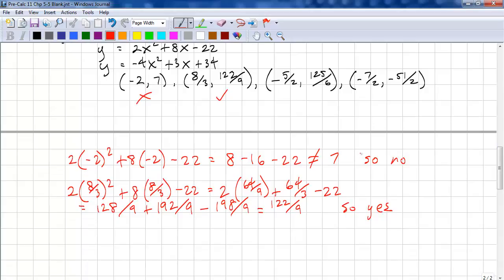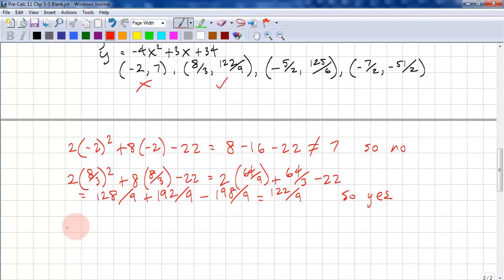And we need to check this in the other equation. So we have minus 4 times 8 over 3 squared plus 3 times 8 over 3 plus 34. This is 64 over 9 again, and we multiply that by negative 4, so that's negative 256 over 9.